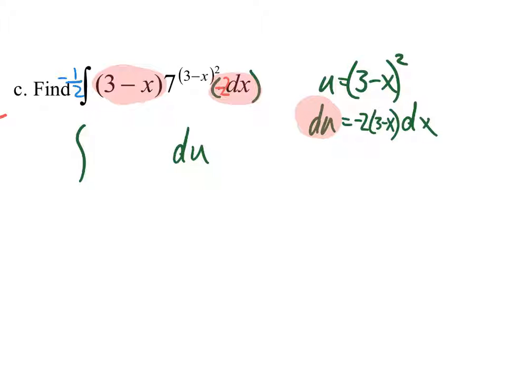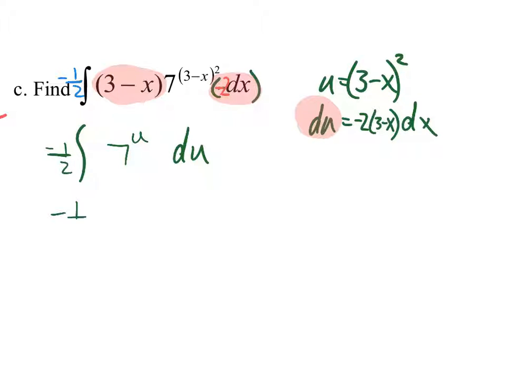So again, you gotta be careful with this. So now notice what we have. We have a -1/2 times 7 to the u du. Okay? That's a lot easier to handle.